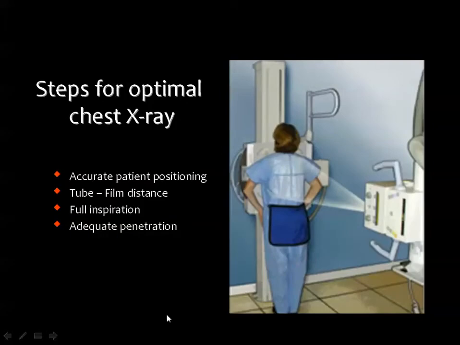Then in order to interpret the chest x-ray, we should know the criteria of the optimal chest x-ray. These criteria include accurate patient positioning while being radiographed, and instructing the patient to have full inspiration before exposing the x-ray film.